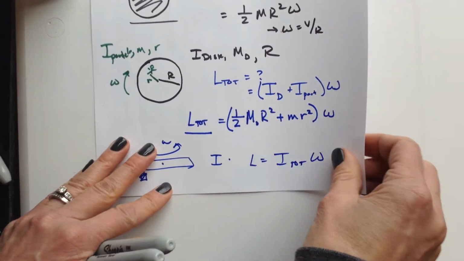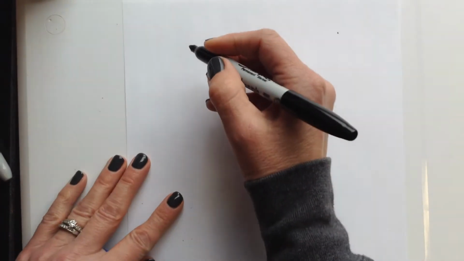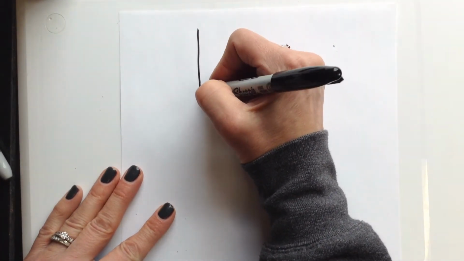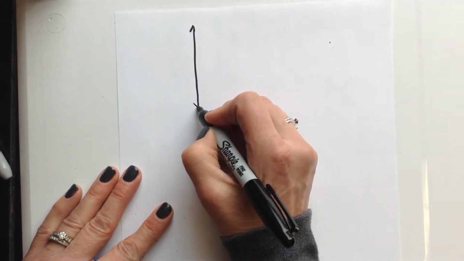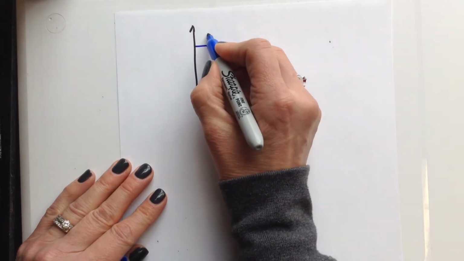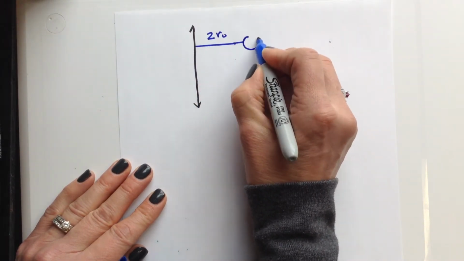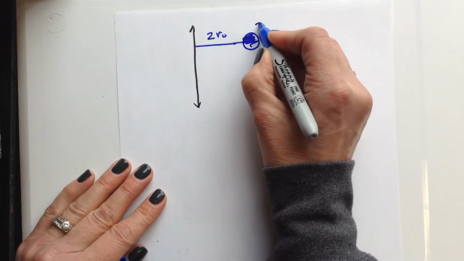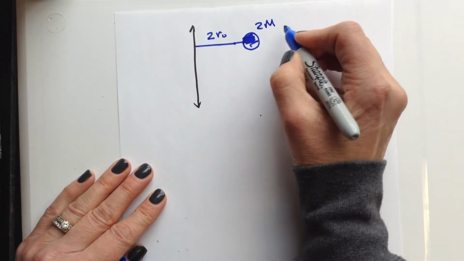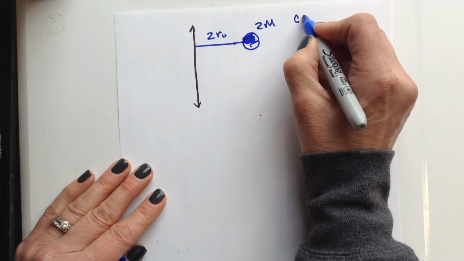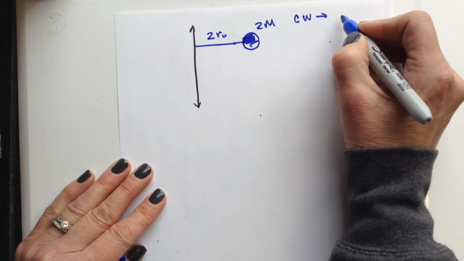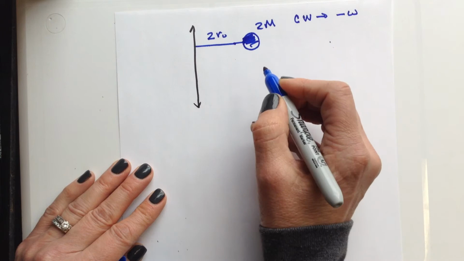So let's just do one quick problem, maybe using a few numbers. Let's go back to looking at particles. So let's say we have an axis of rotation here, and let's have a particle that's 2r away, and let's say it has a mass of 2m, and let's say it's moving in a clockwise direction, so that would give it a negative angular velocity.